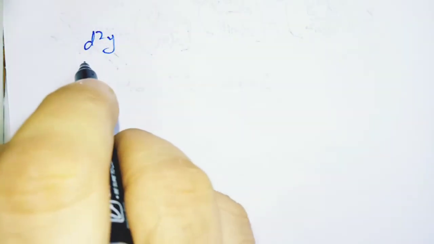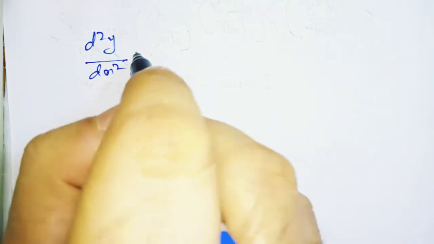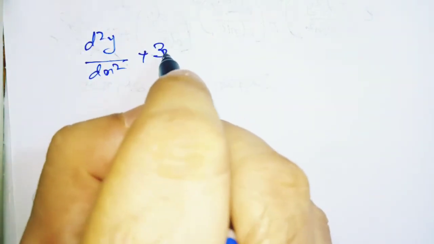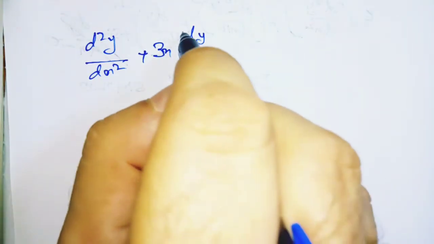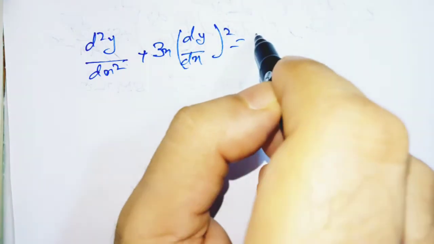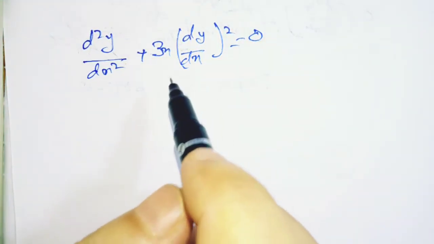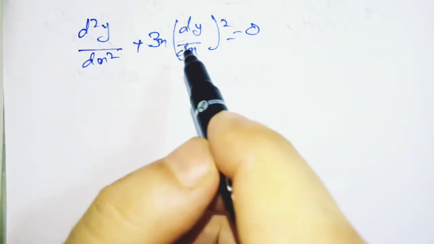So first of all, let me show you d2y by dx2, right, plus 3x, and we have got dy by dx raised to the power 2 equals to 0, right? First of all, is this a polynomial in derivative? It has got plus, minus.